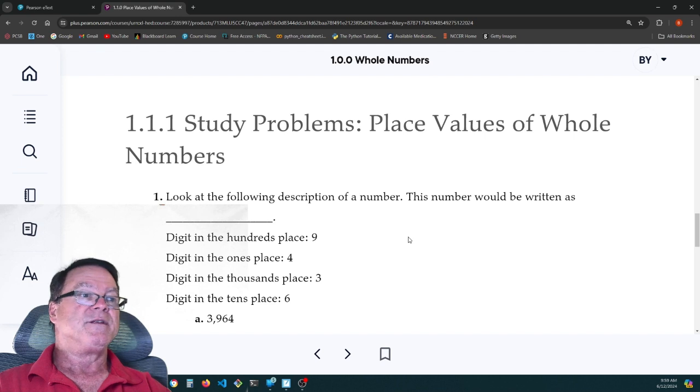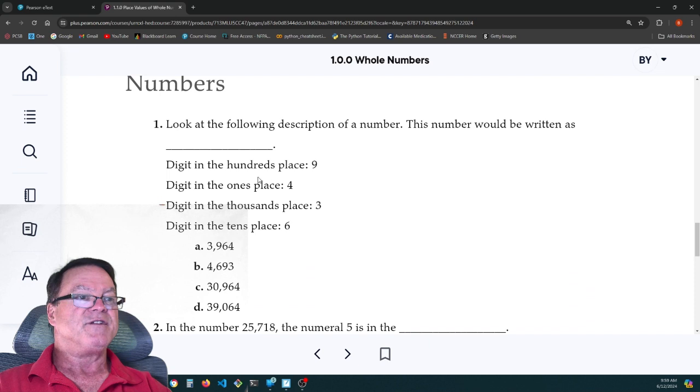1.1.1. Study problems. Place values of whole numbers. Look at the following description of a number. The digit in the hundreds place is 9, the digit in the ones place is 4, the digit in the thousands place is 3, the digit in the tens place is 6. So the digit in the ones place is 4. The very right-hand number is going to be a 4.